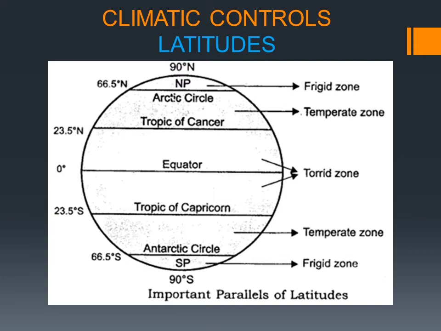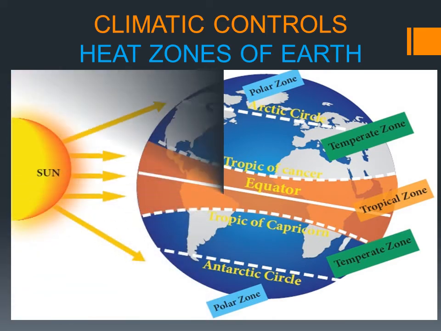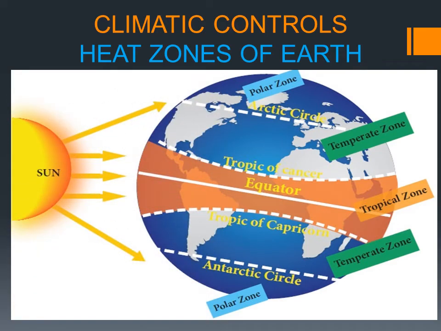Let us see the different heat zones of these latitudes. Heat zones of the Earth are one of the climatic controls. We all know that the Earth has a tilted axis. Because of this, the reception of the sun's rays differs from one place to another.